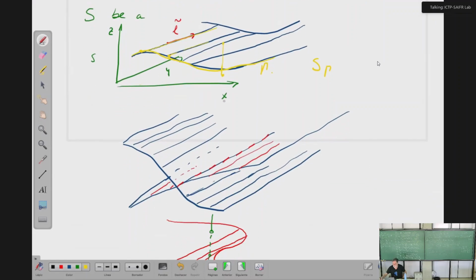Suppose I take two gammas here, gamma 1 is this one, and gamma 2 is this one. If they intersect at some point, then the L is the same here, so this integral curve is common to both.